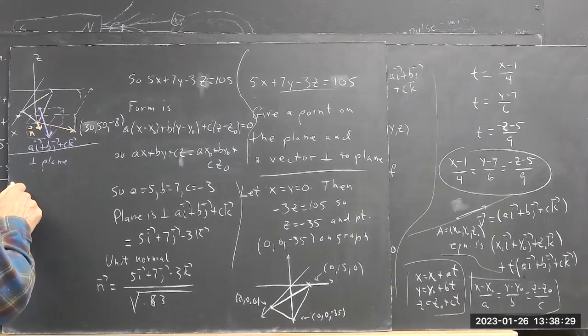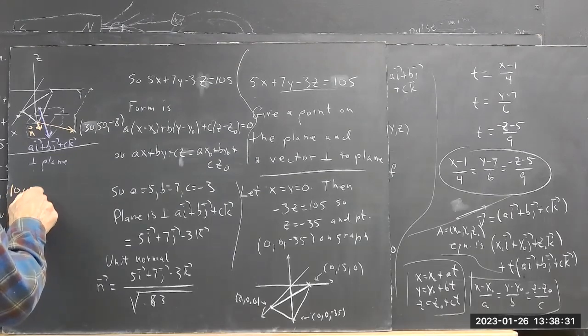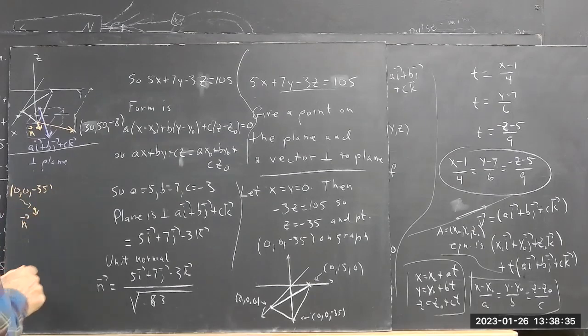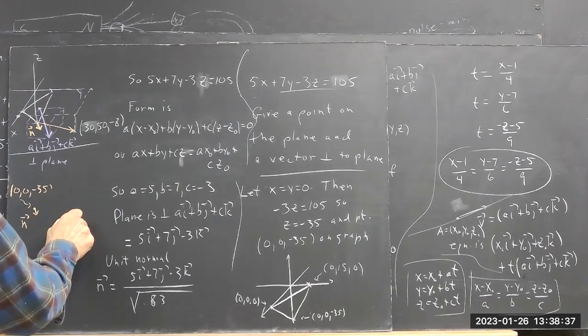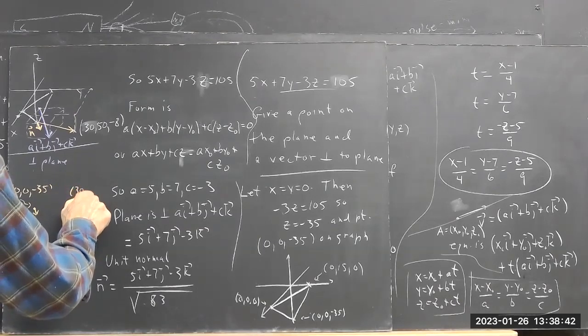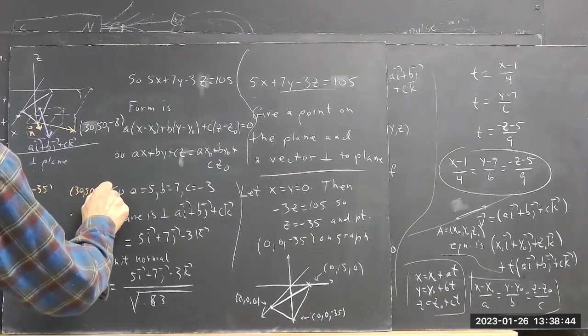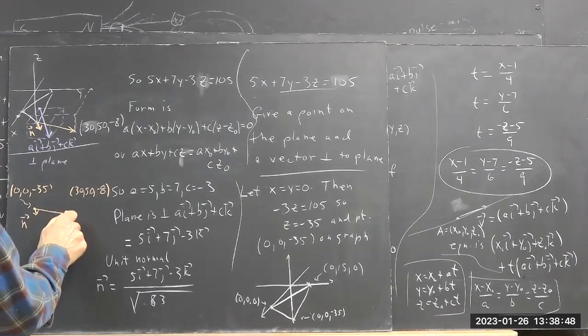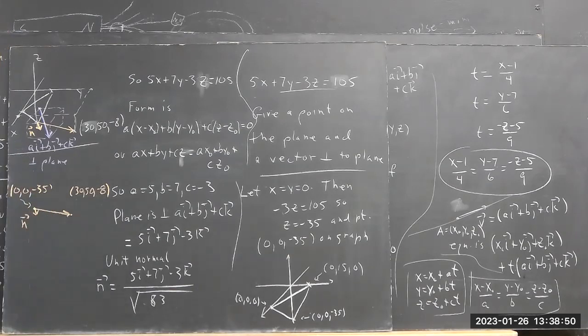This is the point 0, 0, -35. Here's my point -30, 50, -8. And here's my vector from this point to this point, right?